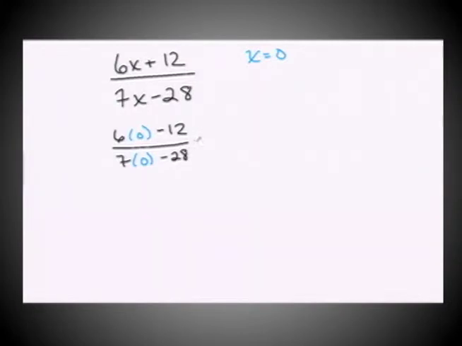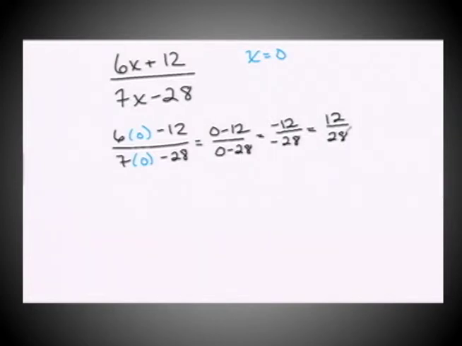And further simplifying this rational expression, I get 0 plus 12 over 0 minus 28, which is 12 divided by negative 28. A positive divided by a negative is a negative. So I have negative 12 28ths.